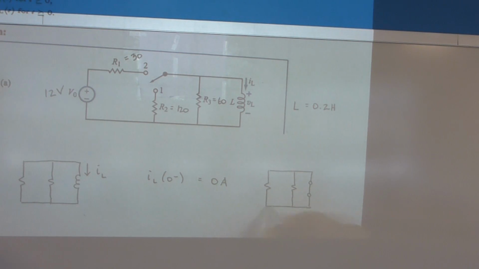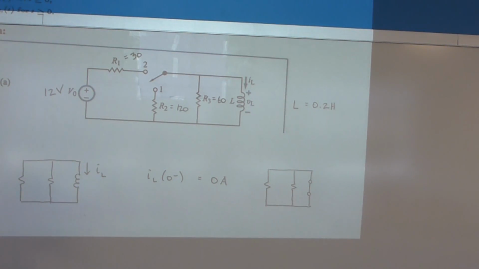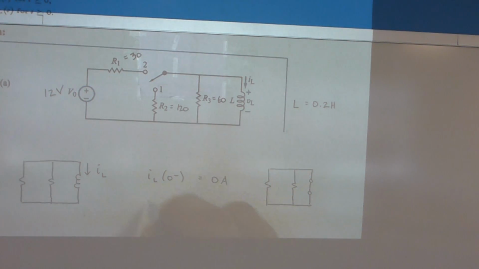Remember, an inductor is essentially a short when it's been in place a long time, because V is L dI/dt. If I is not changing, then voltage is 0. So for this reason I know that my voltage is 0 volts. So this is A.